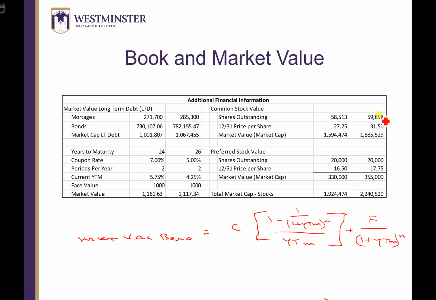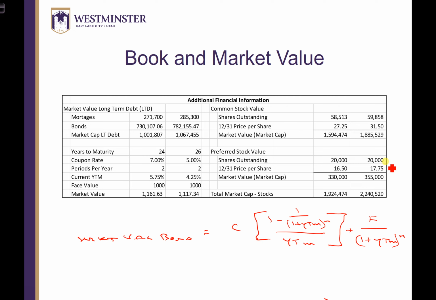We have in this case 59,858 shares of common stock outstanding at a current market price of $31.50, giving us a total market cap or market value for the common stock of $1,885,529.